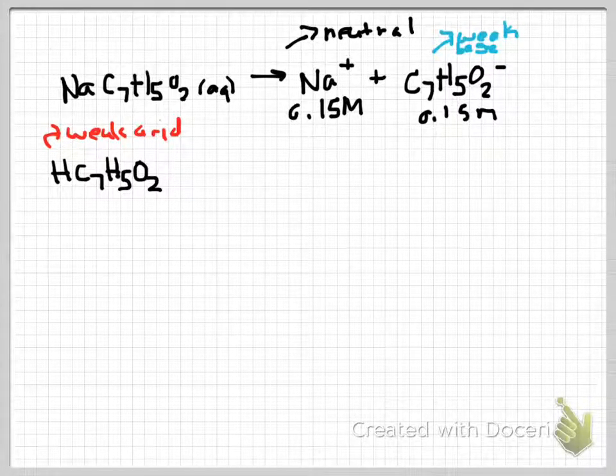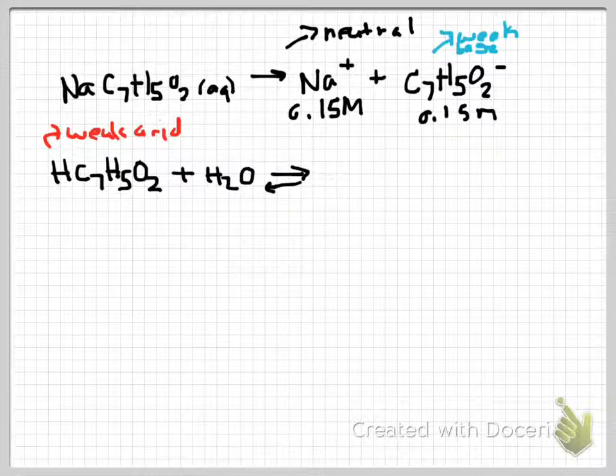And we know the equilibrium relationship for our acid here. We're going to write our Ka expression. So plus H2O. If it's a weak acid, that's going to donate the proton to water. We're going to write our reversible arrows.